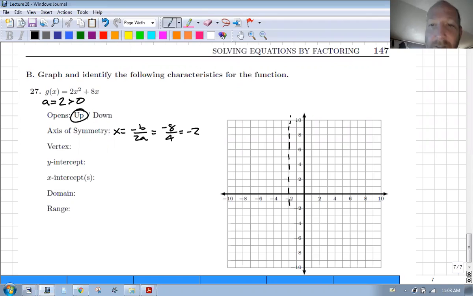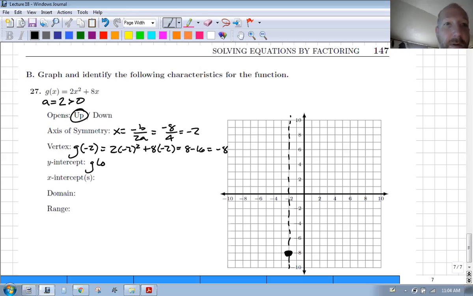So there's our axis of symmetry. The vertex lies on that axis, so we plug the negative 2 in, we get 2 times negative 2 squared plus 8 times negative 2. So this is 8 minus 16, so negative 8. So there's our vertex.